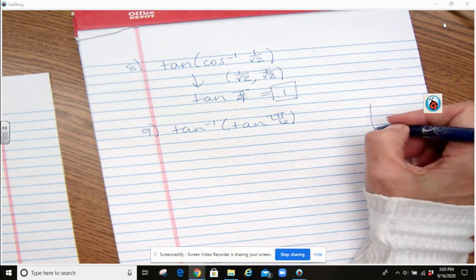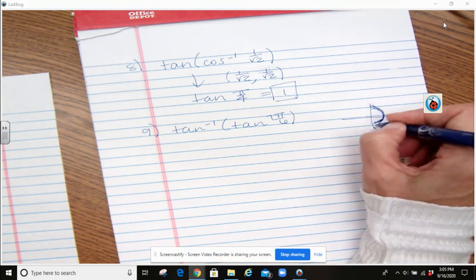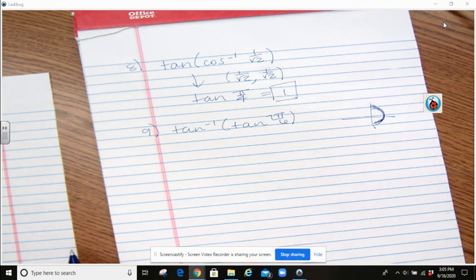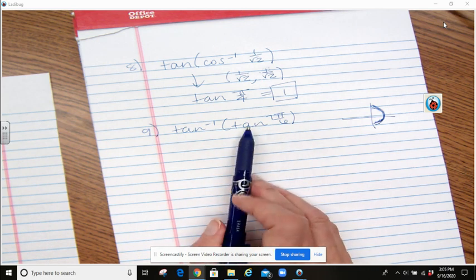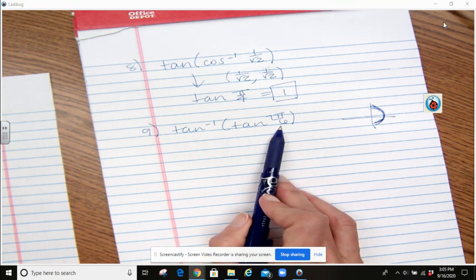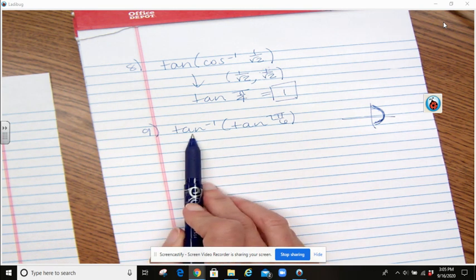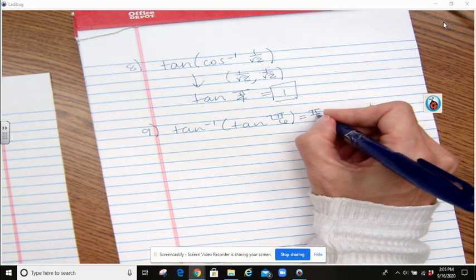But 7 pi over 6 is not an angle that you would use for an inverse tangent problem. So instead, you don't really have to redo it. You just have to say, tangent of 7 pi over 6, that's the third quadrant. That's a positive value. So for inverse, I have to give them an answer from the allowable positive quadrant. So I'd answer with just pi over 6.